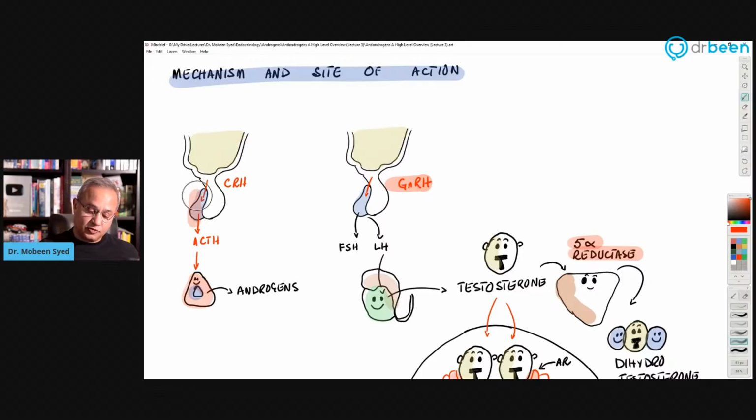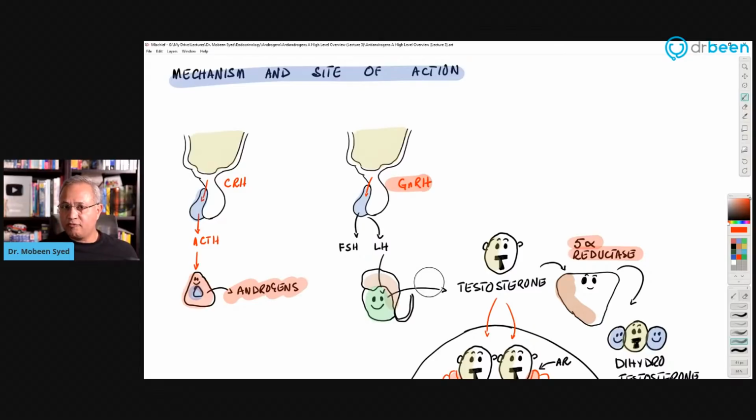And the anterior pituitary would in turn release various hormones, for example, adrenocorticotropic hormone. I'm only talking about androgens and anti-androgens today, so only going to talk about two hormones. So adrenocorticotropic hormone will work on suprarenal glands and will cause secretions from there. And one secretion from there is going to be androgens. We talked about it in lecture 1.